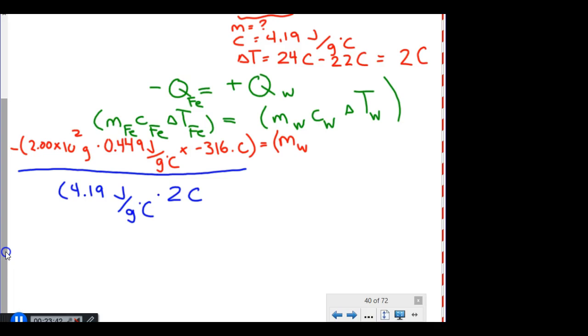Open bracket. 2.00 EE or EXP 2 times 0.449 times negative 316 and bracket divided by open bracket 4.19 times 2 in bracket equals.